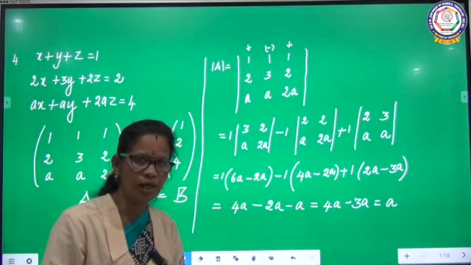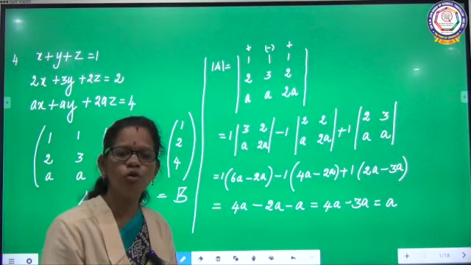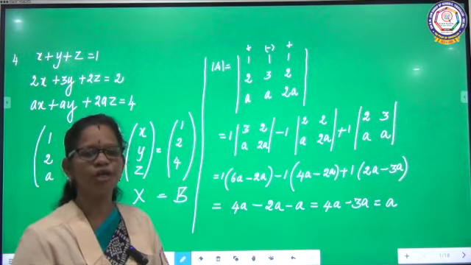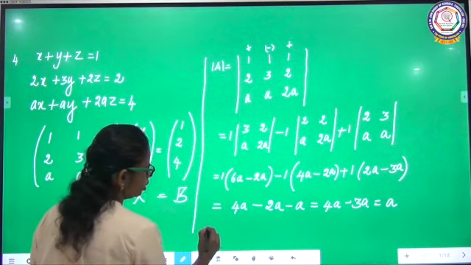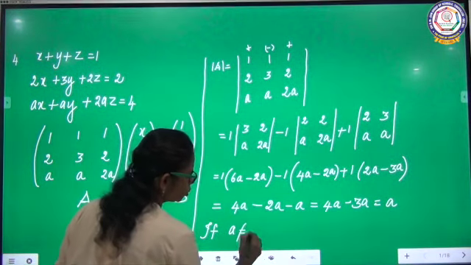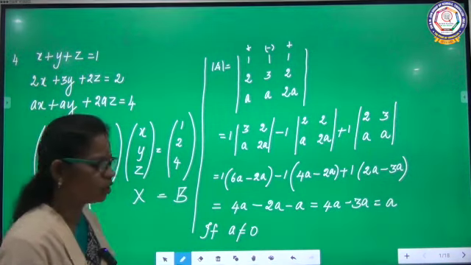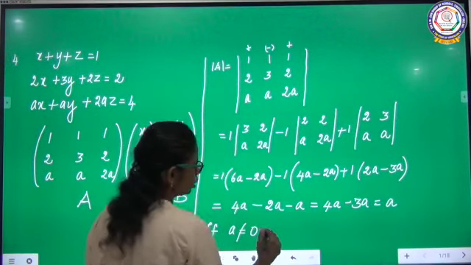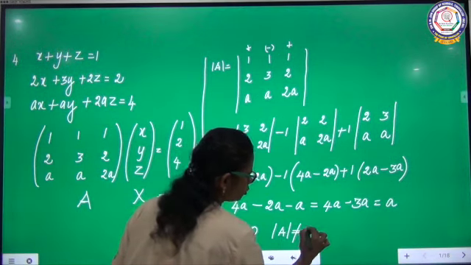So how to conclude whether the system is consistent or inconsistent? We have to go for adjoint of A into B. Suppose, first condition, if you assume A is not equal to 0, then in that case determinant A is not equal to 0.